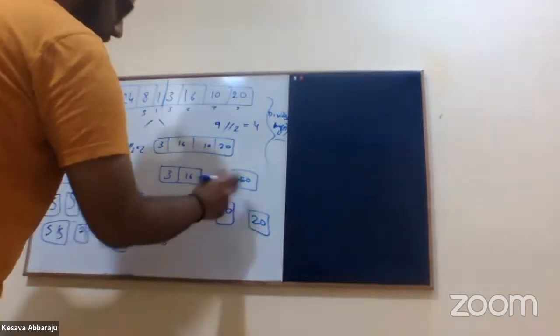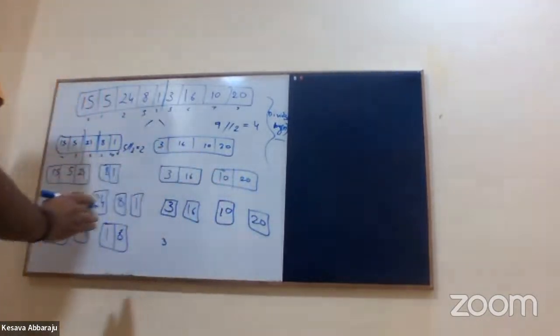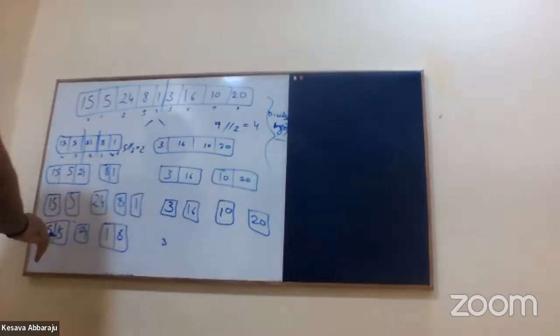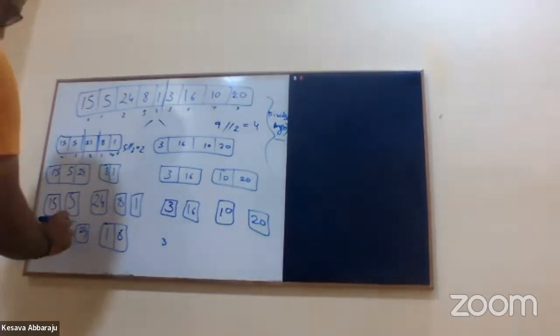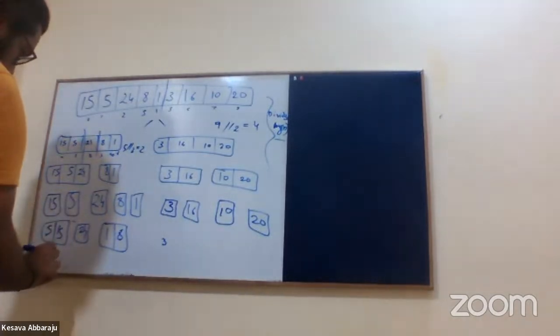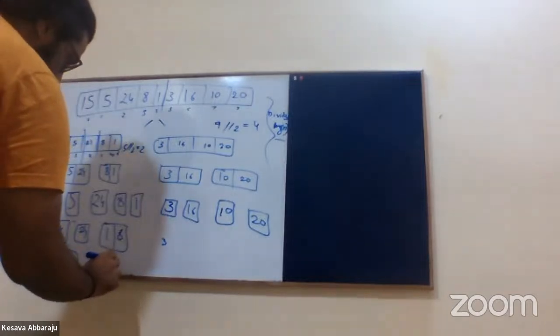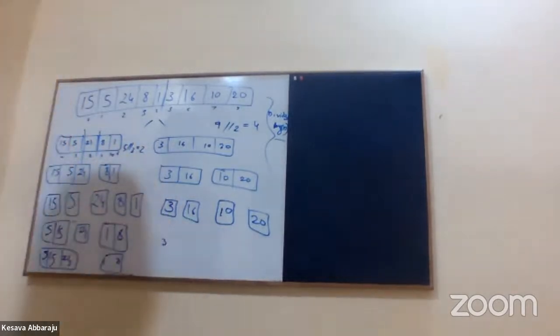And 10 and 20 are also already sorted, so they will be the same way. Now when we compare 24 with 5 and 15, it is greater than 15. So we'll simply have 5, 15, and 24, and 1, 8 will be the same, and all the other elements will be the same.